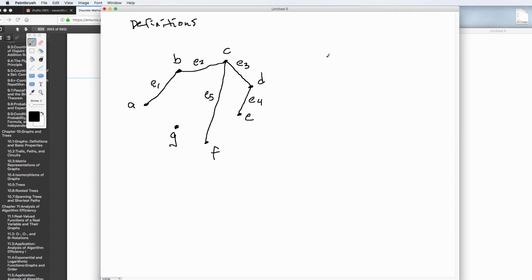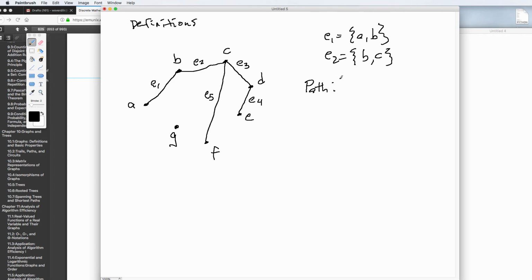So for example, E1 is just equal to the set AB, or E2 is equal to the set BC. Okay, that's pretty easy. The first thing that we want to talk about is something that's called a path.